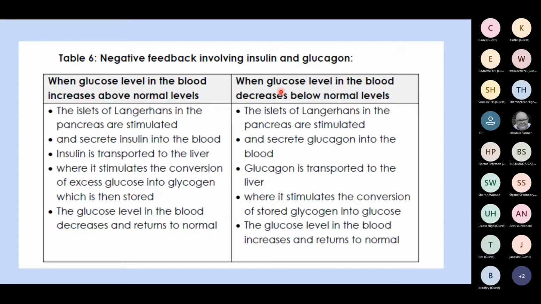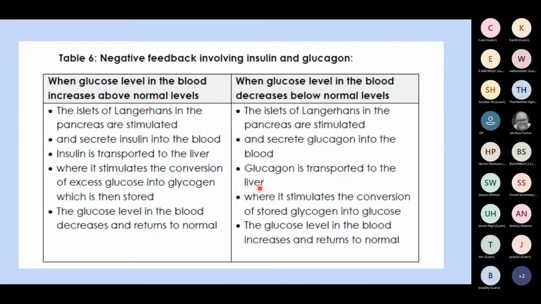The same applies when glucose levels have decreased. What is your gland? Pancreas. Highlight. Which hormone? Glucagon. The pancreas will secrete glucagon. Glucagon is then transported to the liver, our target organ.